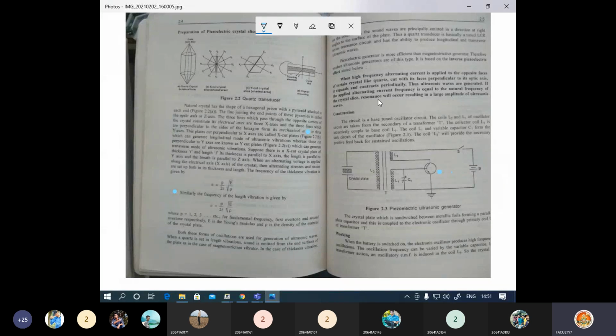Here this is the principle, here this is the construction, and here you are going to get the working. And here is the introduction of the crystal, where we try to identify the z-axis, x-axis and y-axis.